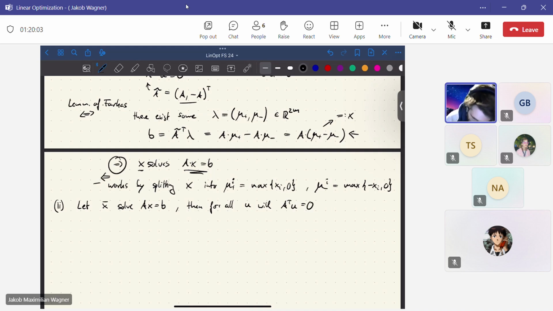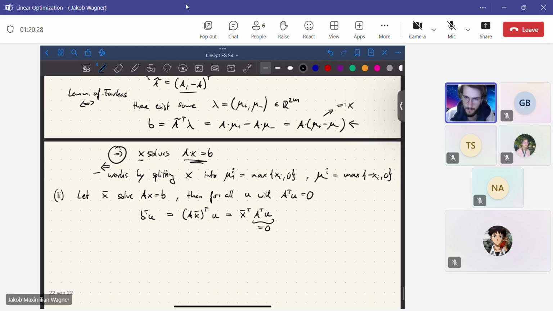We want to show that b transpose u is also 0, but the b transpose we can write as x bar transpose u. And if we write this out, this is x bar transpose A transpose u. And there we just assume that this is equal to 0. And so this whole b transpose u is also equal to 0. So this direction is pretty straightforward.